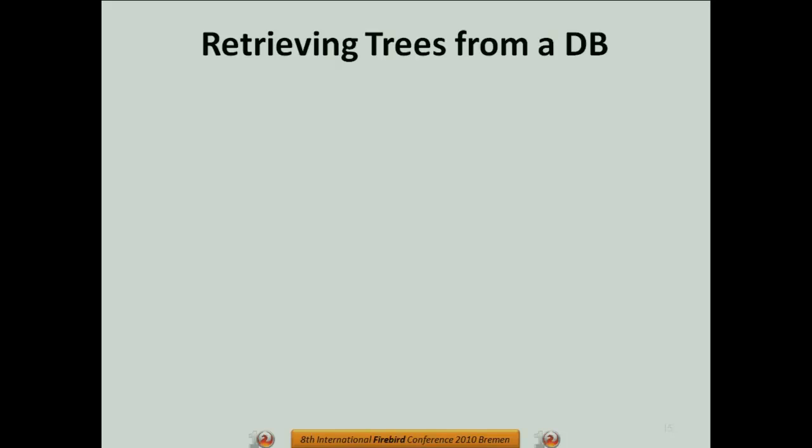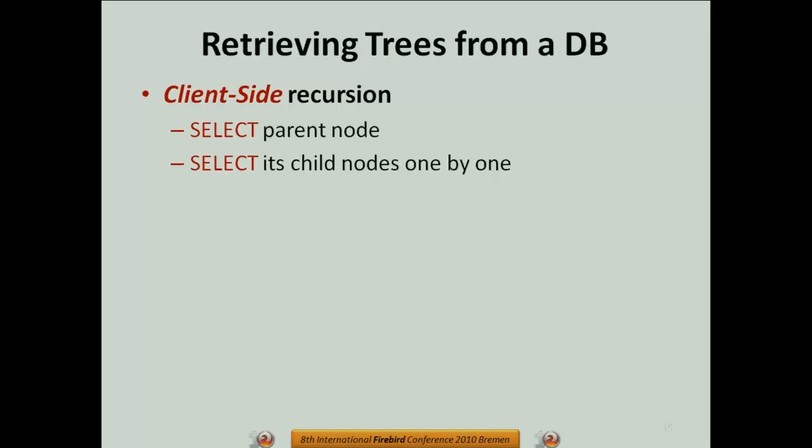Okay, retrieving trees from a DB. Basically, two approaches. First one is something that we all did at some point. That's classical client-side recursion, which means you start, if we take a classical tree walk, you start by selecting the parent node from the database, look at its ID, and then you go with another select and select all its children back to the server.